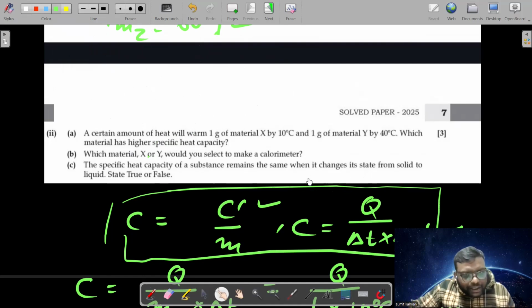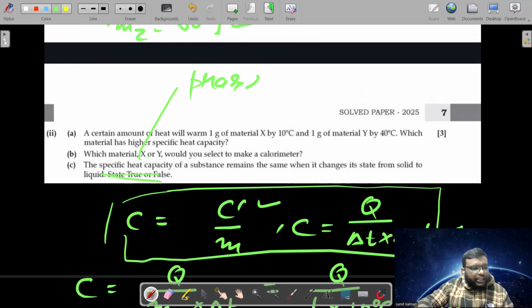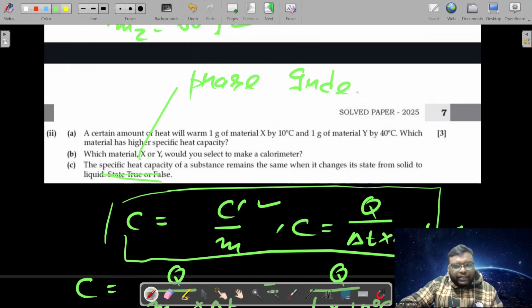So students, the specific heat capacity of a substance does not remain the same when it changes from one state to another state. Actually, specific heat capacity is phase dependent.